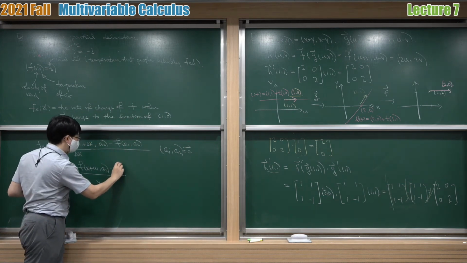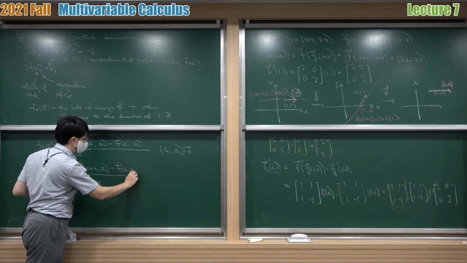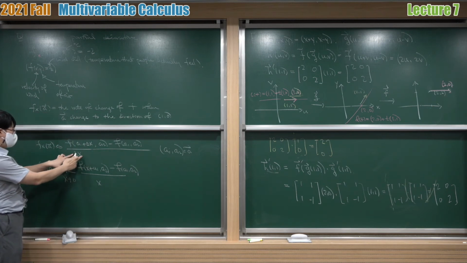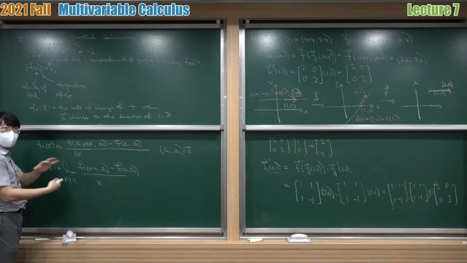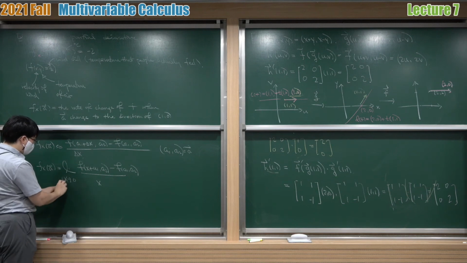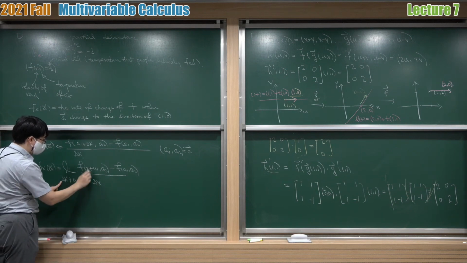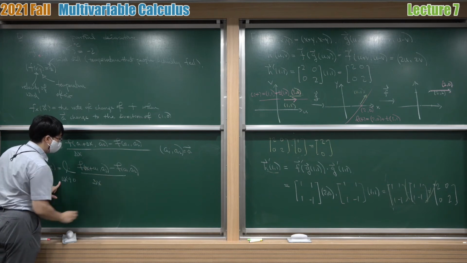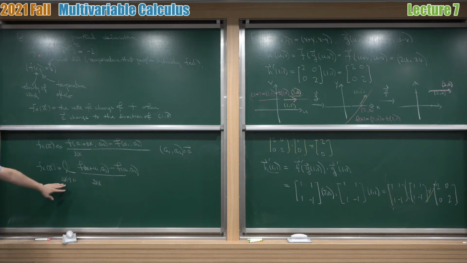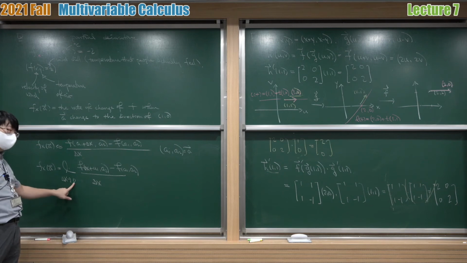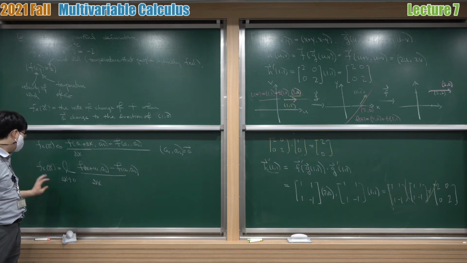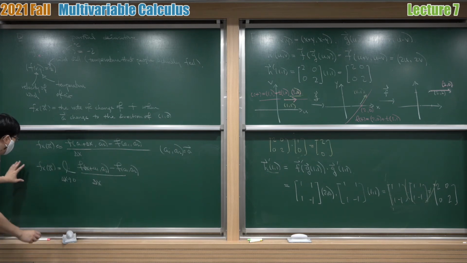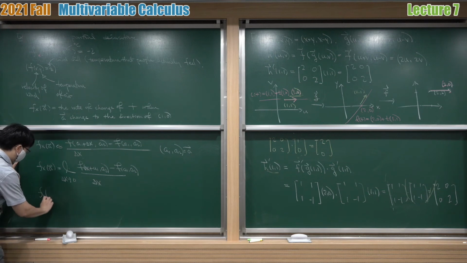You're making this delta x smaller and smaller. I'm writing x instead of delta x, but you can replace it with delta x if you want. If you keep doing it until delta x almost goes to 0, then the limit is the partial derivative. What about the partial derivative in y?